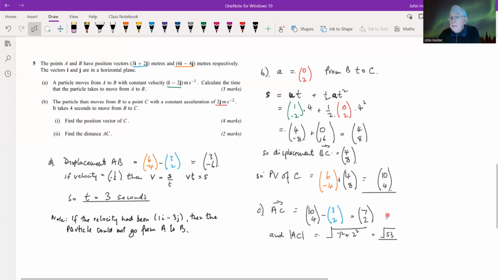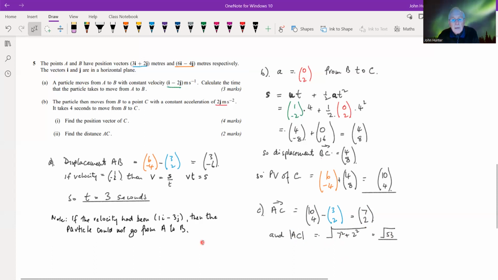Although it goes via B, that's the overall journey, and therefore the distance AC is the scalar, and we just apply Pythagoras. It's the square root of 7 squared plus 2 squared, equal to root 53.